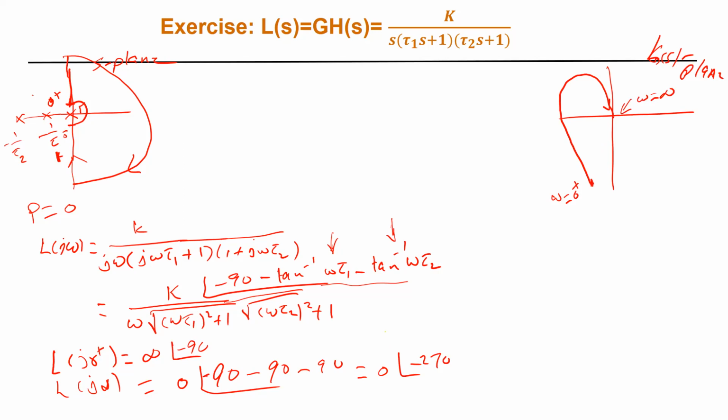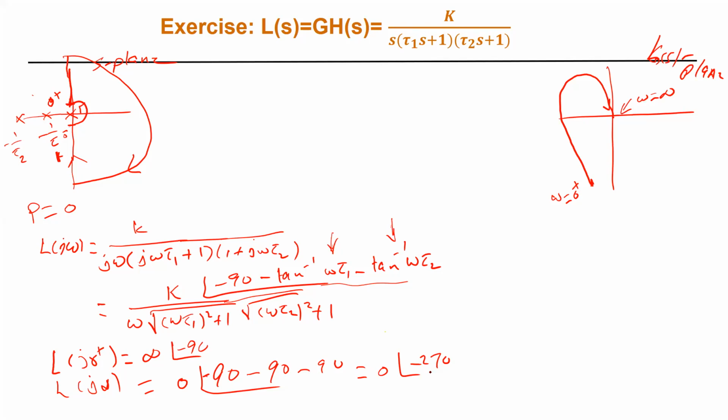Doctor, how did you know that it will cut through the second quadrant? Why is it not going directly to the origin, like in certain examples we had, without cutting?